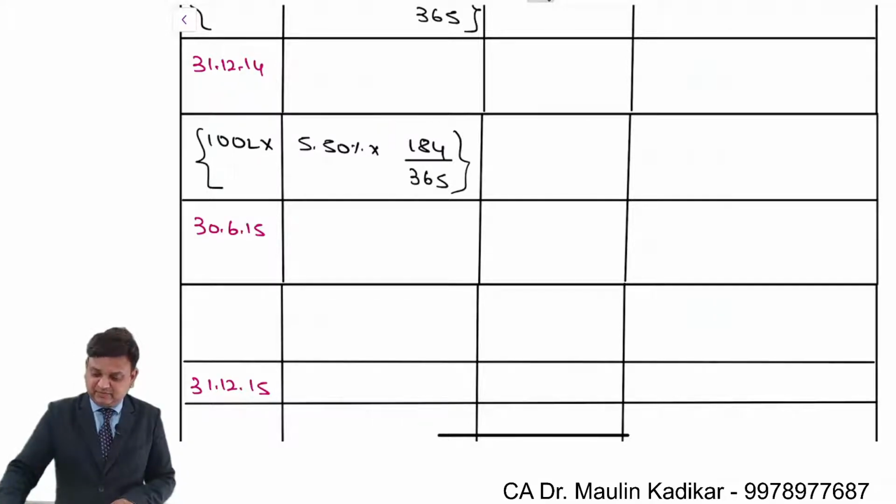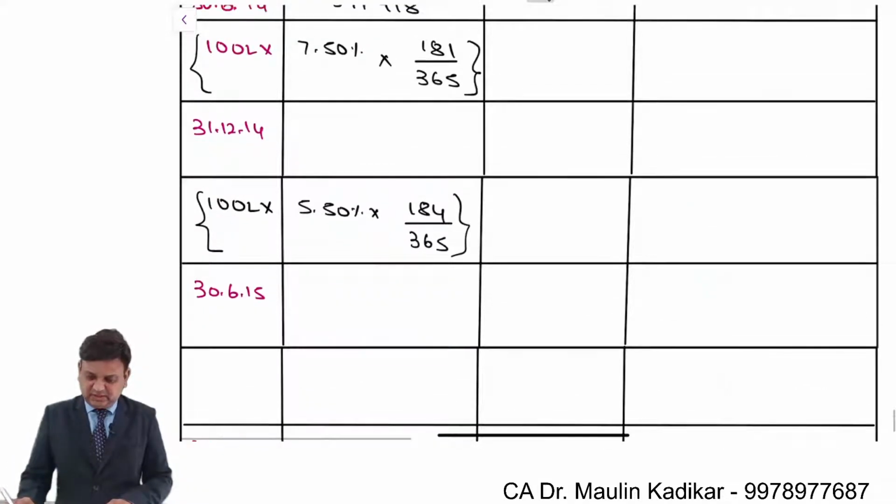So the answer would be 100 into 1 lakh into 5.5% into 184 divided by 365. So 2,77,261.